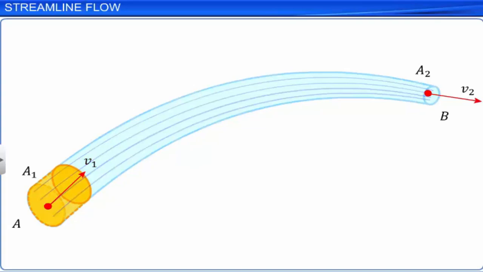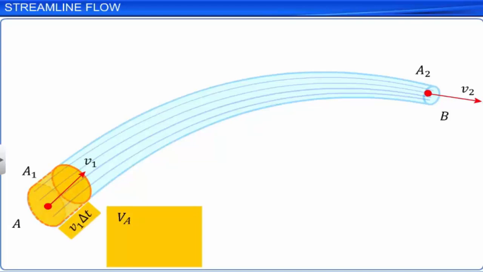Consider an incompressible, irrotational, and non-viscous fluid flowing in a streamline flow in the tube. To find the volume of the fluid, Va, going into the tube with the velocity V1 through the cross-section A in time delta t, consider a small cylinder of length V1 delta t.